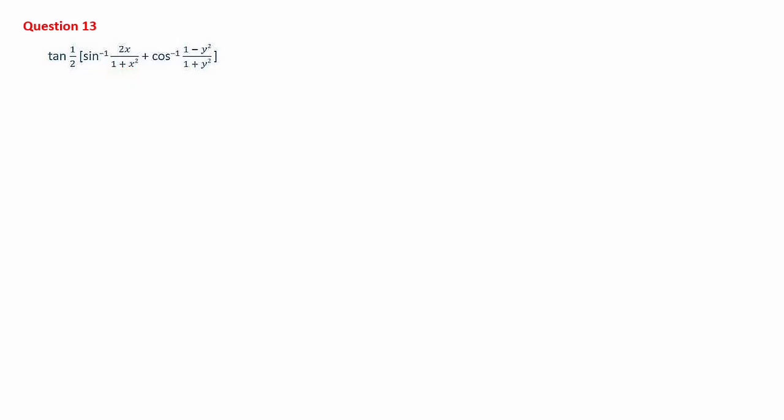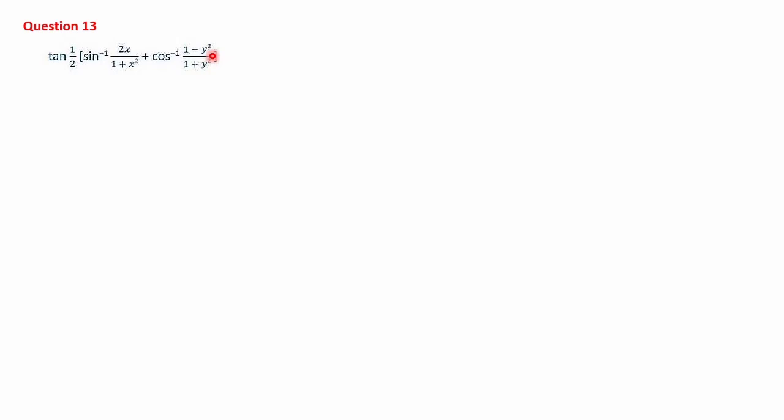And for 1 minus y square by 1 plus y square, there is a formula in terms of cos, because outside cos inverse is there, inside also we want cos. So instead of y, if you put tan of a particular angle like tan alpha, then 1 minus tan square alpha by 1 plus tan square alpha will be in the format cos 2 theta.